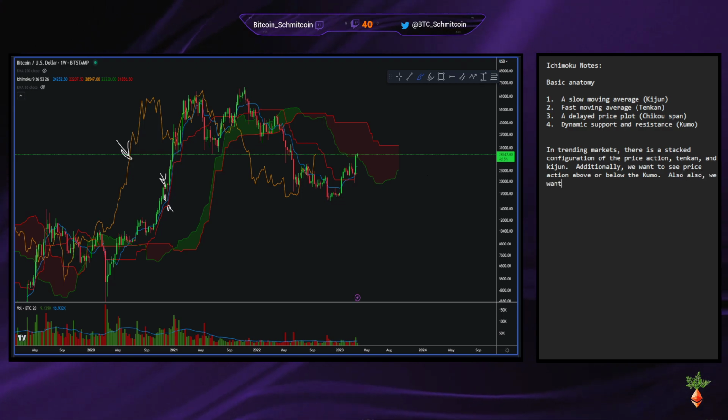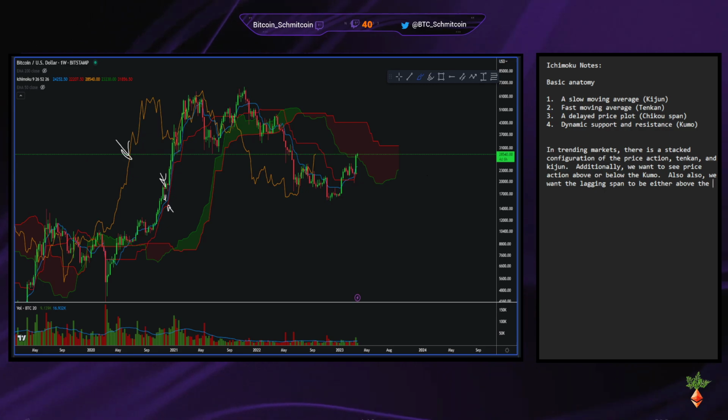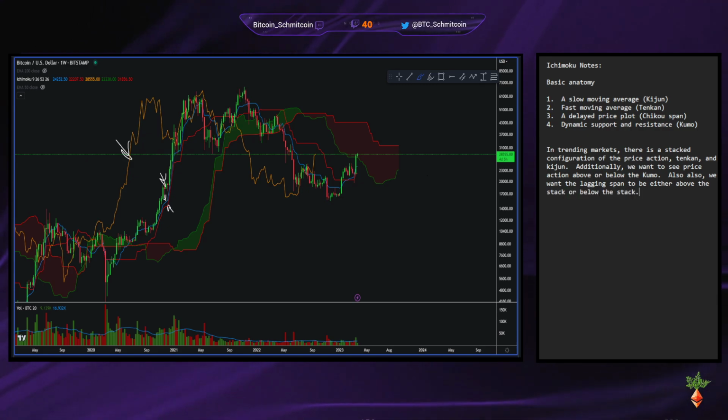Also, we want the lagging span, I'll say lagging span because I always forget it, to be either above the stack or below the stack.